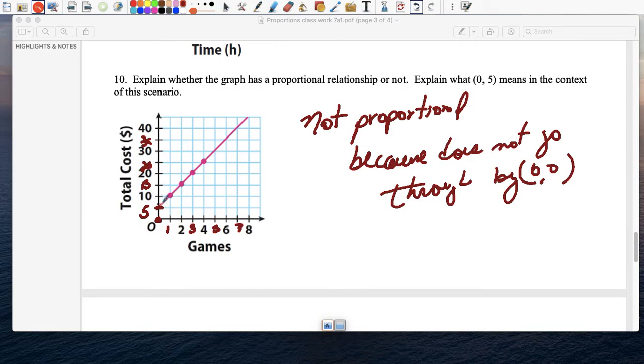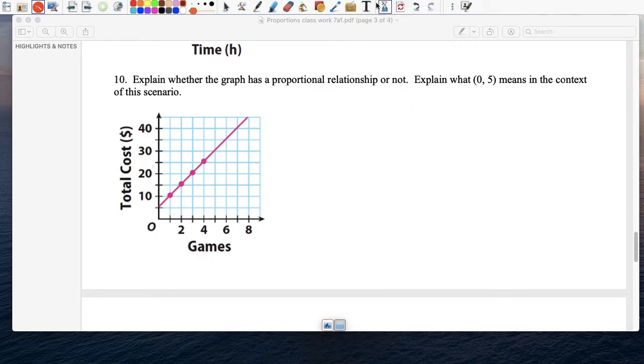So how can we explain that? We can explain that because it could be the entrance fee, right? To wherever you're going, the carnival, the arcade. So before you even start playing, you're already down $5. You already spent $5. Okay, so that could be an explanation.